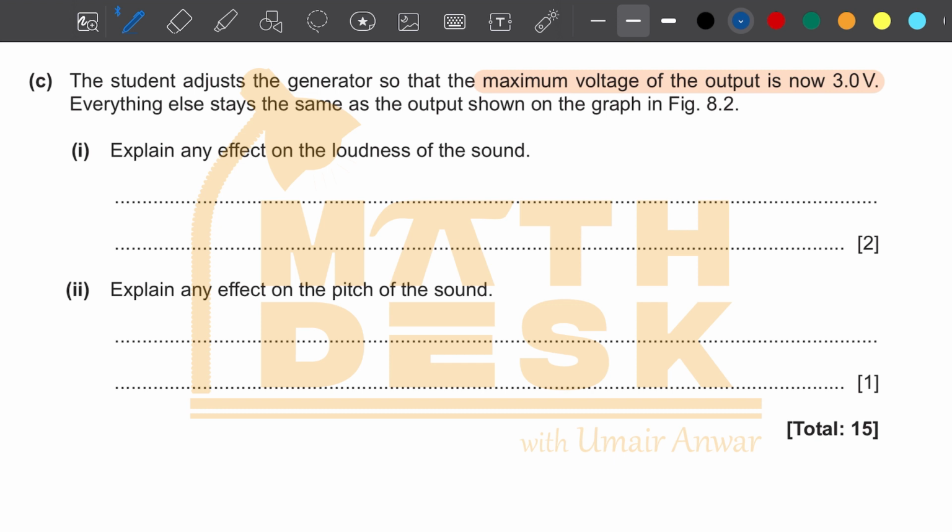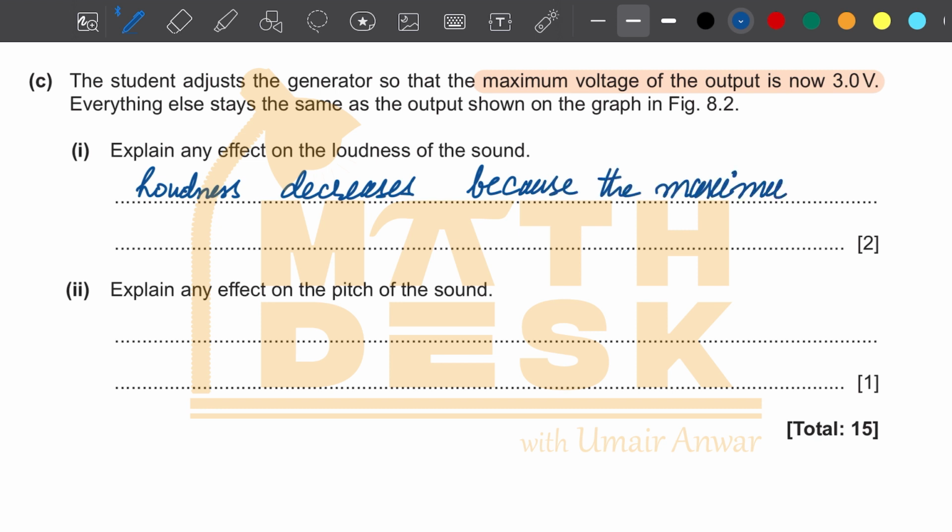So we would say that loudness decreases because loudness is proportional to amplitude, and when the amplitude decreases, the loudness decreases because the maximum force on the coil decreases.